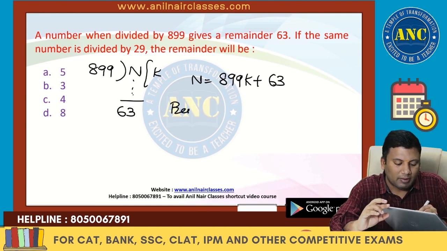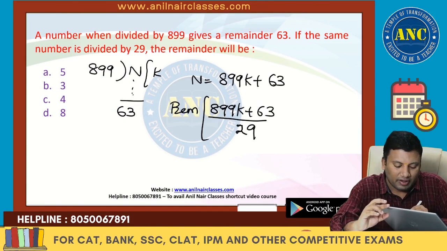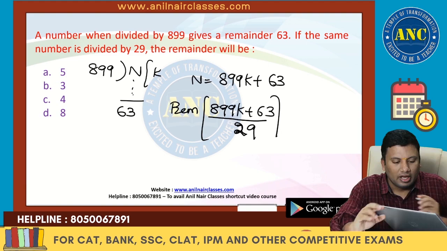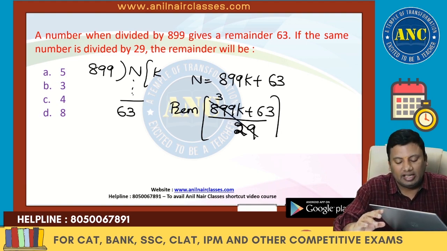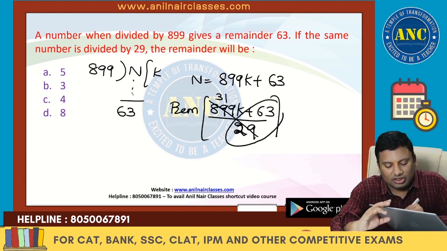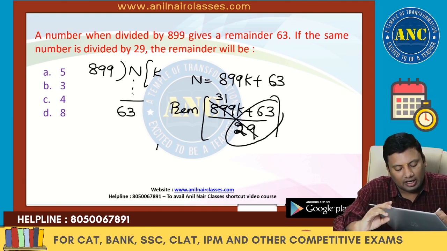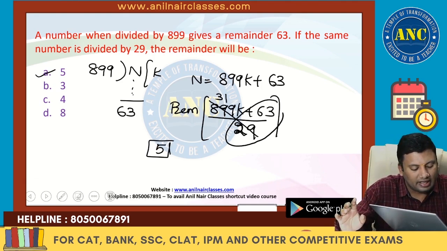What is the remainder when this number is divided by 29? 29 3s are 87, 29 1s are 29. So 63 when divided by 29: 29 2s are 58. Answer is nothing but 5. I hope the idea is clear.